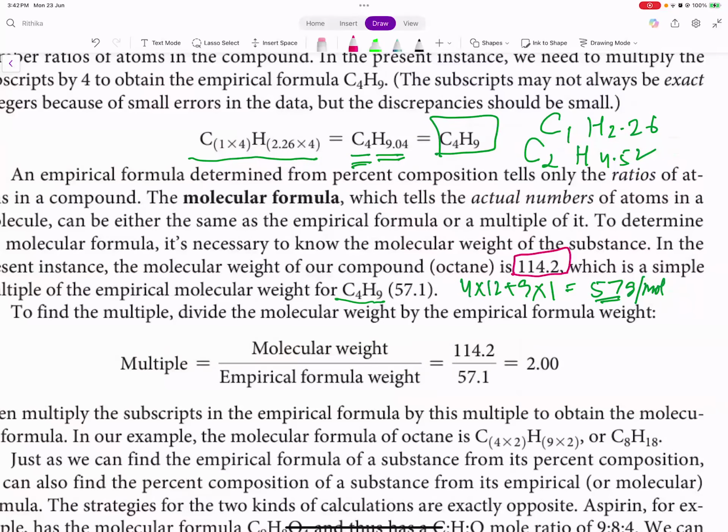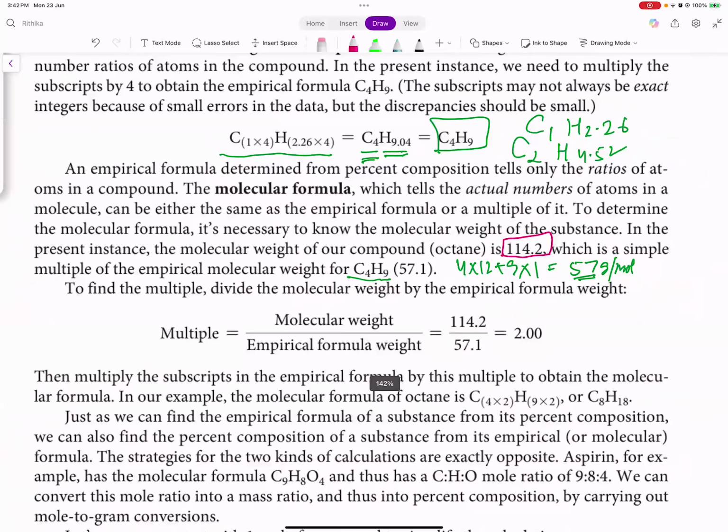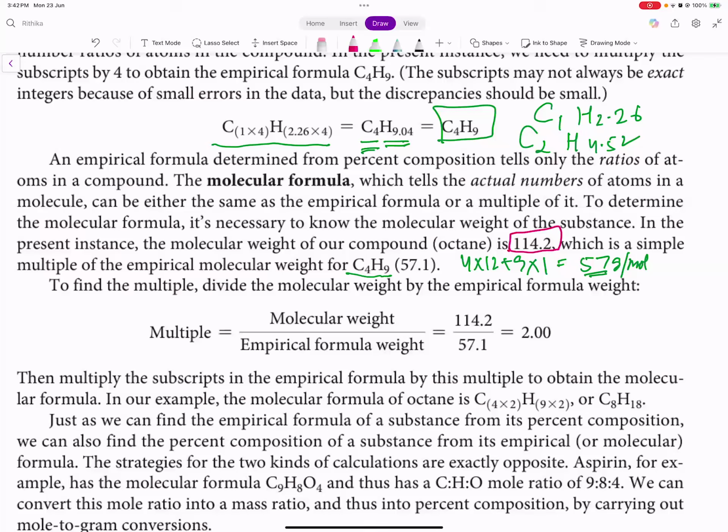Then first we find out how many simplest units are present in the actual compound. If the molar mass is 114 and the mass of one unit is 57, we divide molar mass by the empirical formula mass, and in this case we get 2.